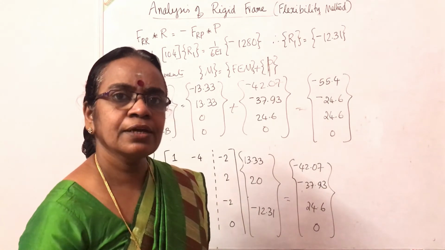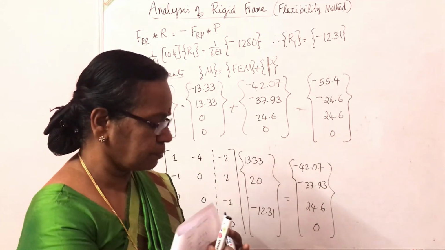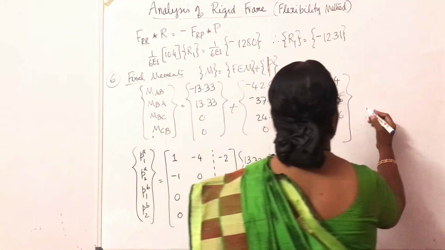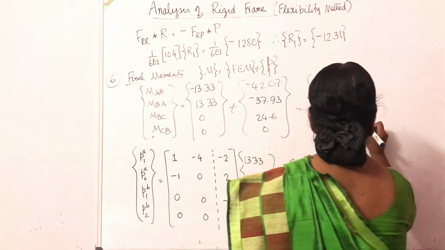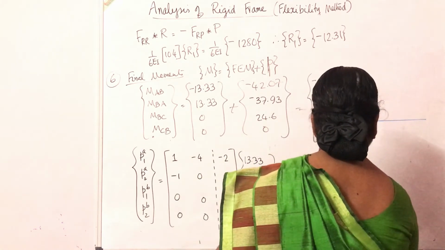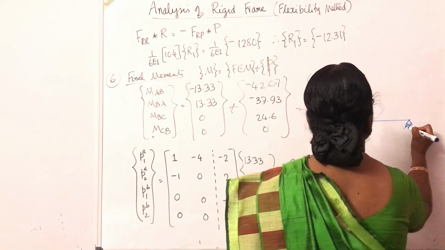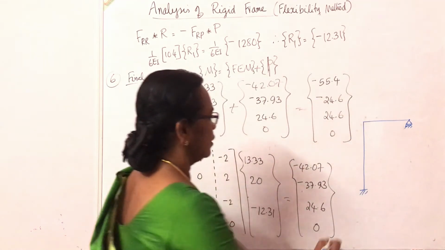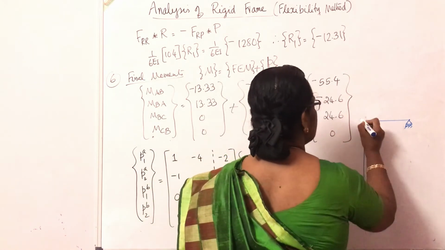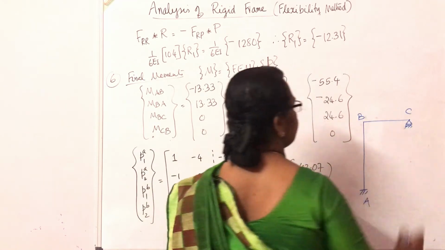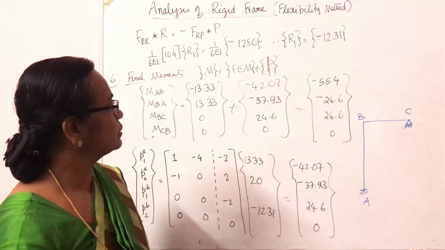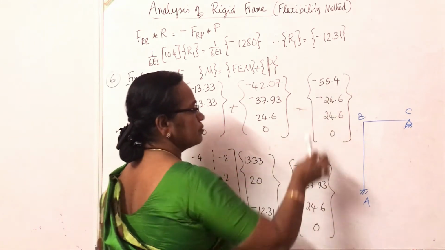Now we have to draw the bending moment diagram. For drawing the bending moment diagram, draw the given structure. Draw some rollers. This is element A, B, C. For the first element, MAB is minus 55.4.